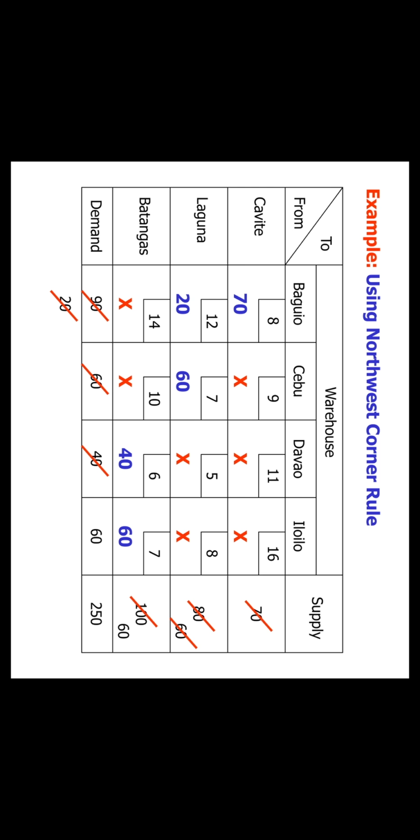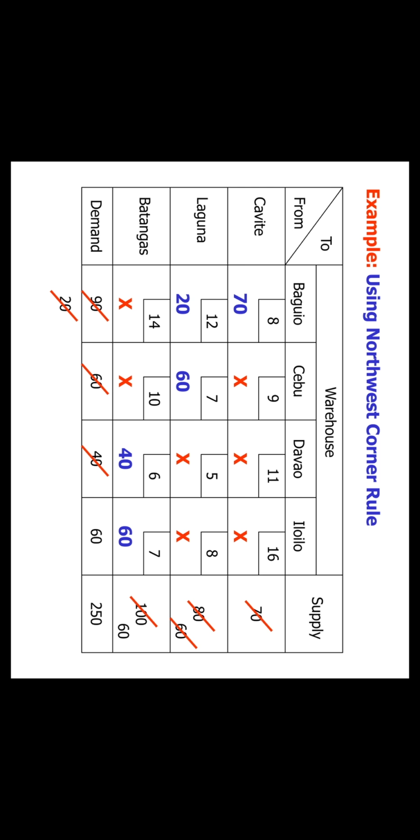It is also possible for you to have more than one required used cell to add in order for you to comply with the m plus n minus 1 rule, meaning in terms of number of used cells, more than one is required in order for us to have a compliant m plus n minus 1 tableau. In that case, just choose any unused cell and put physical zeros on them.